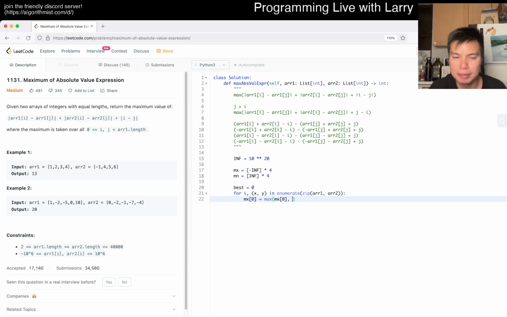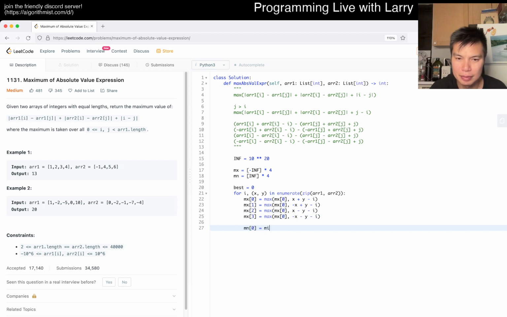And then now, okay, so max of 0 is equal to max of, we want this side to be max, so that's x plus y minus I, maybe. Yeah. And I'm just doing the cases. Okay. And then now we're doing the min. X plus y plus j.